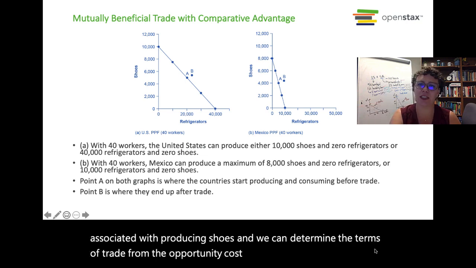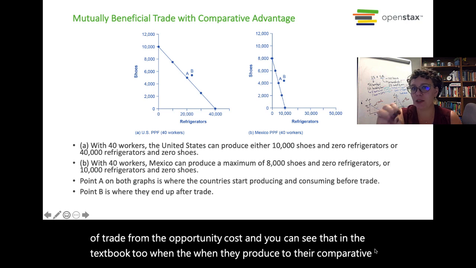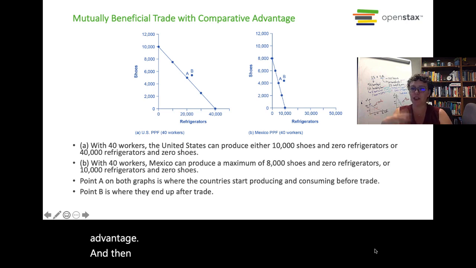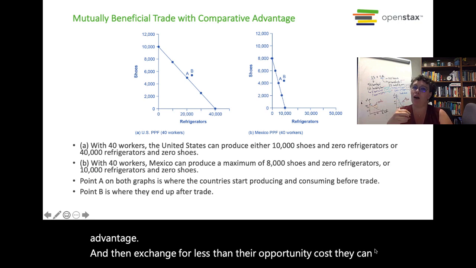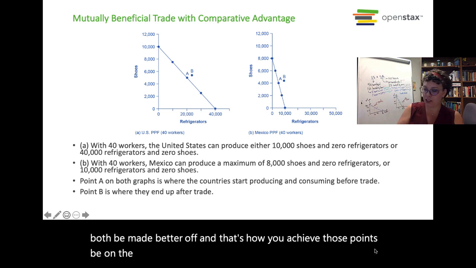And you can see that in the textbook too. When they produce to their comparative advantage and then exchange for less than their opportunity cost, they can both be made better off. And that's how you achieve those points B on the graph.